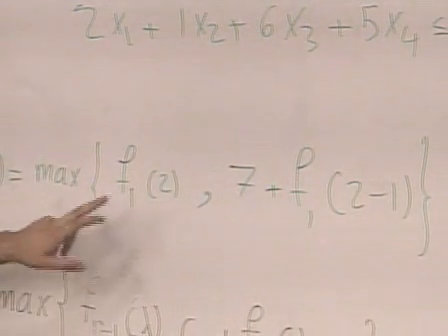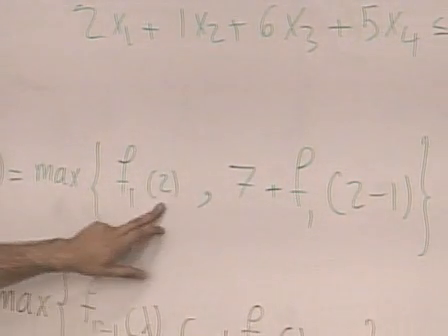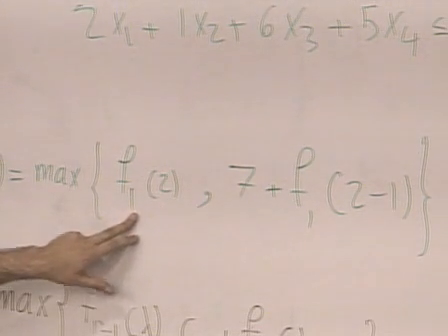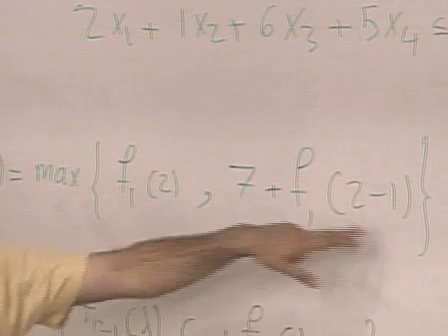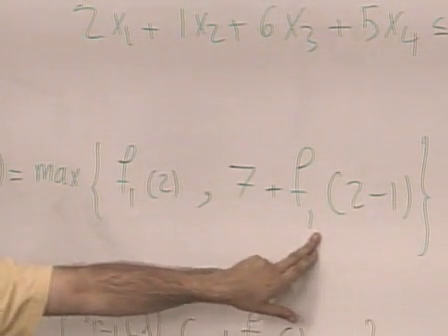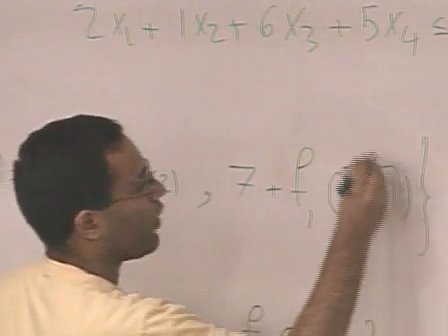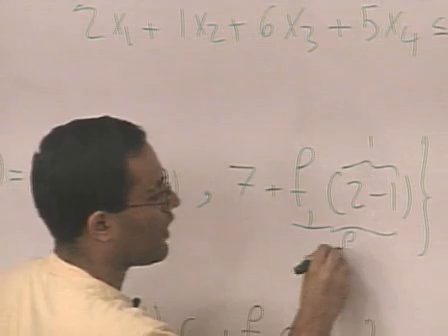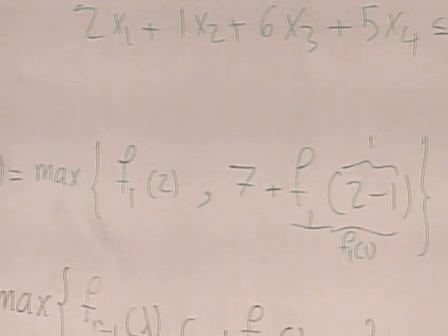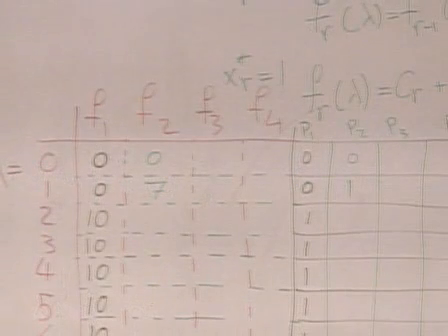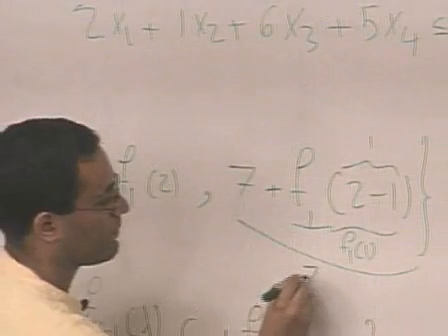So either I don't put it there, I keep my capacity, and solve the problem with 1 item less, or I put it there, I lose 1 unit of capacity, and solve the problem with 1 item less. So this would be f1 of 1. Now, f1 of 1 is 0. It means that if I go to the first stage with 1 unit of capacity, I cannot put anything there. I wouldn't gain anything. So this would give me 7.